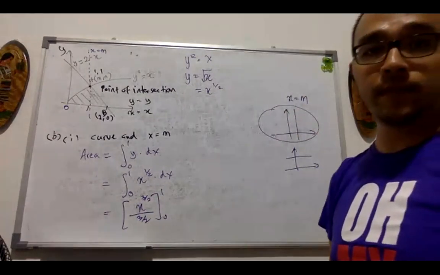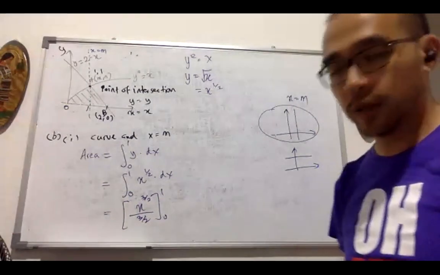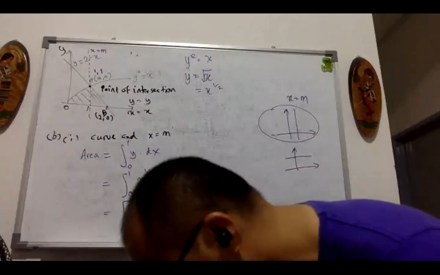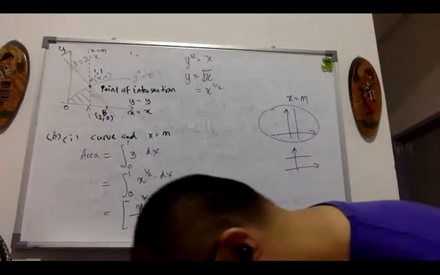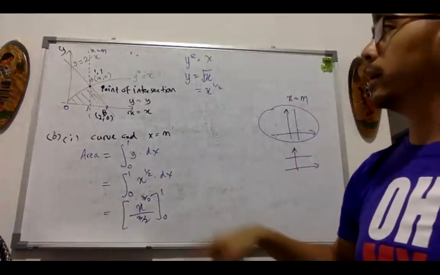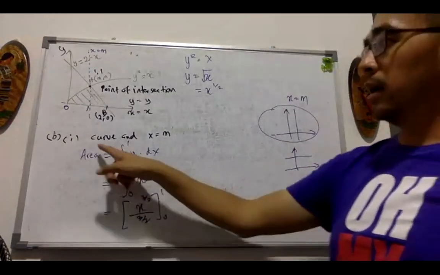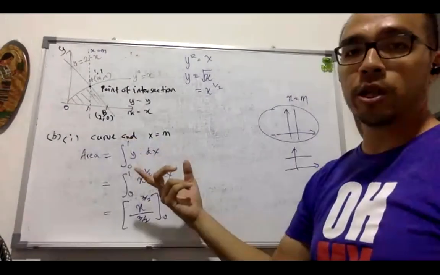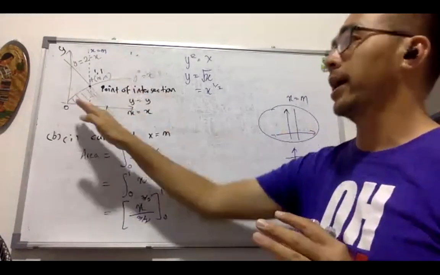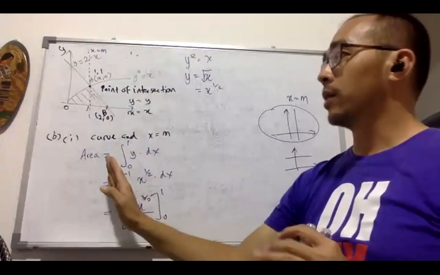Thanks for the question. If you guys want me to do B2, since there's no request for B2, I'll leave it at this, because Steve only asked until B1. But this is also another type of popular question. Dia bagi dia punya boundary, bounded by the curve and x equals m.